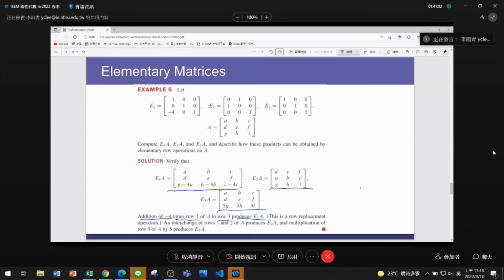This is what we call row replacement, one of the elementary row operations. And an interchange of row 1 and row 2 produces E2A.